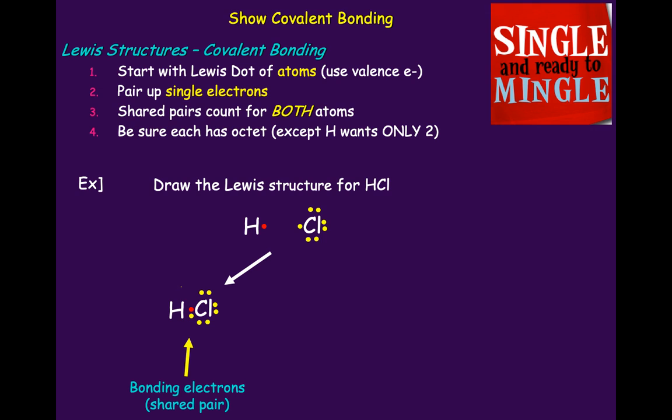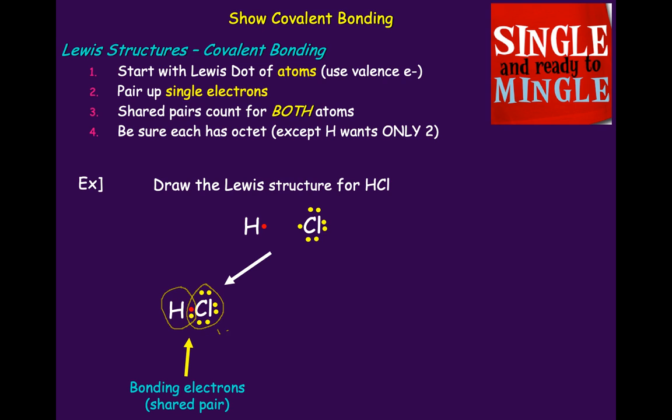If you circle that and circle that and create a little Venn diagram out of it, you don't have to do this, but this pair in the middle is actually shared by both atoms. So you think of the chlorine as owning those 2 electrons, and so does the hydrogen.